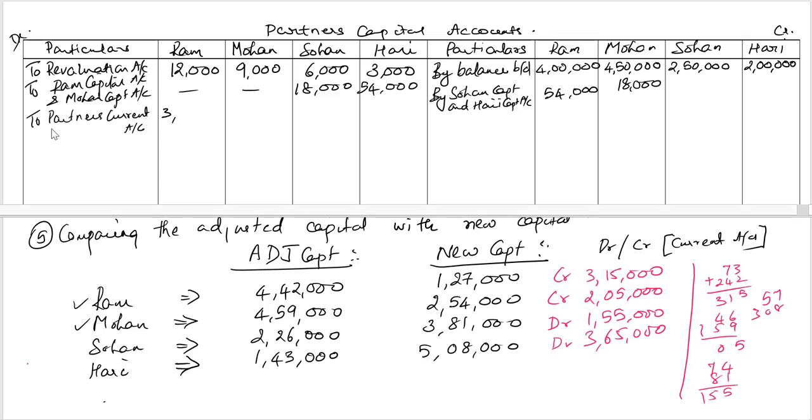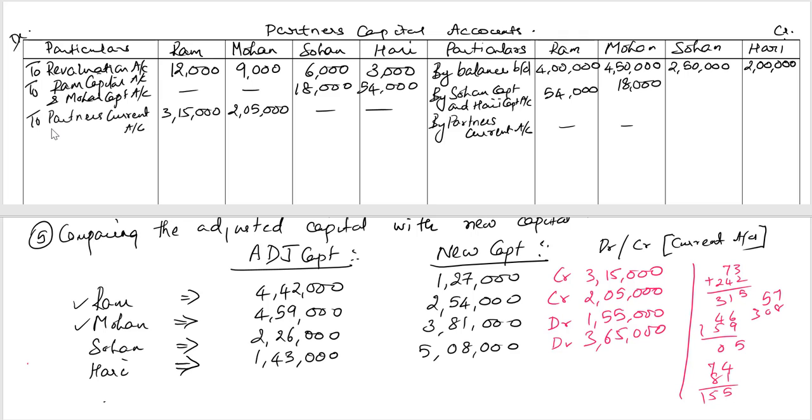So it's 3,15,000 and 2,05,000. And by partners' current account, we need to credit the capital account and debit the current account in the case of Sohan, 1,55,000 and Hari, 3,65,000.